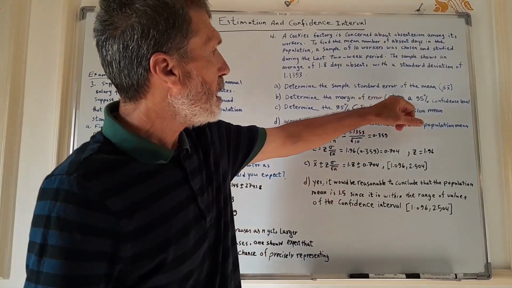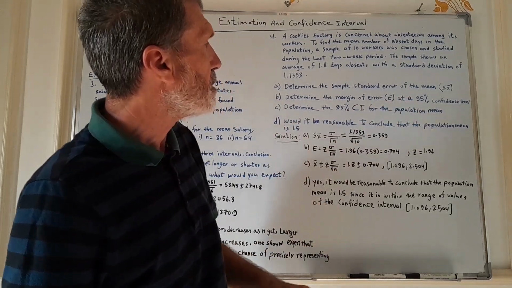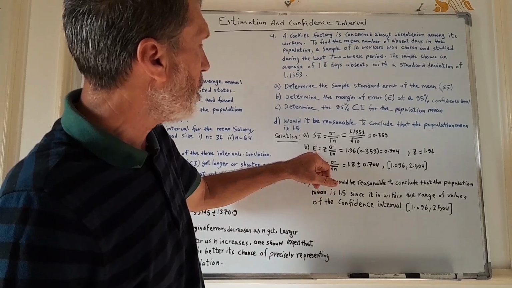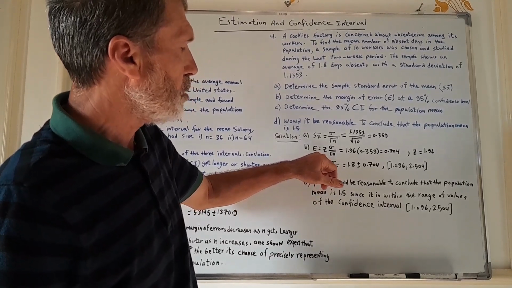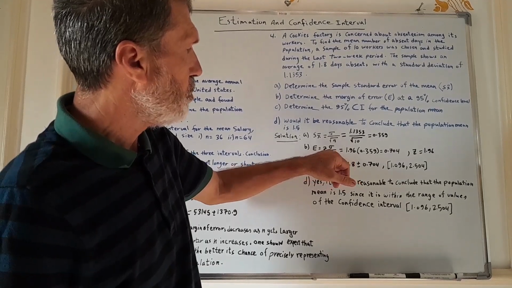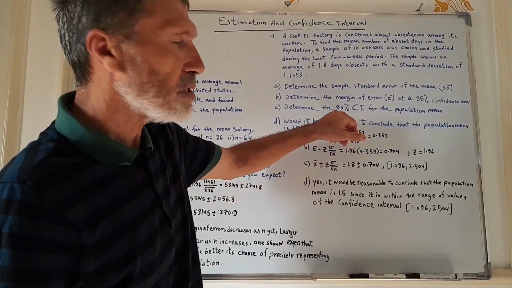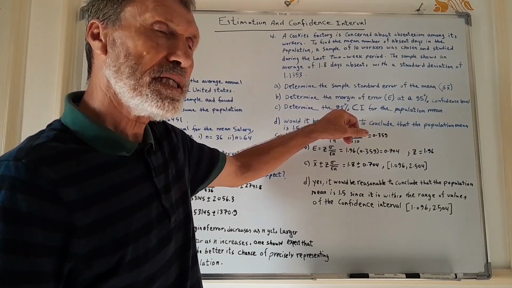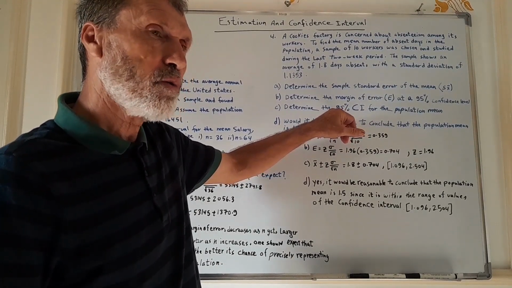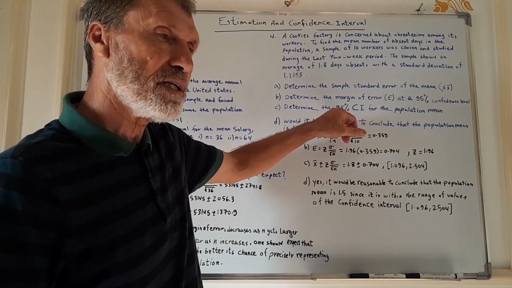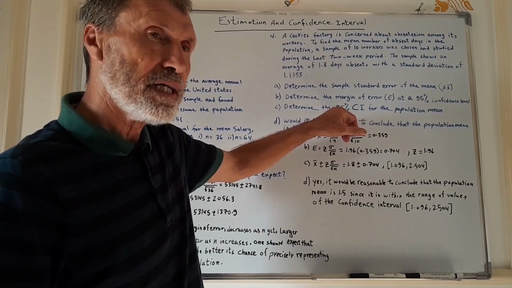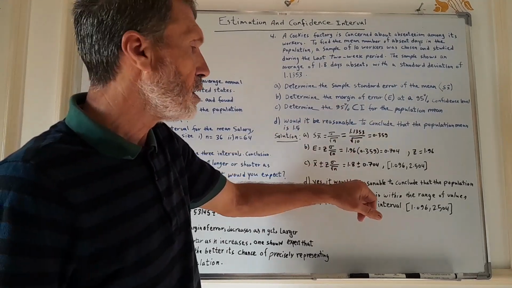Determine the margin of error at a 95% confidence level. Of course, the margin of error is going to equal z times the standard error of the mean. Because we have a 95% confidence level, the z value, as we have already talked about, is going to be 1.96.